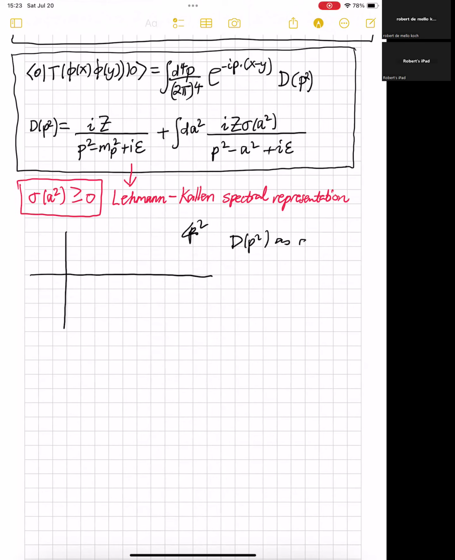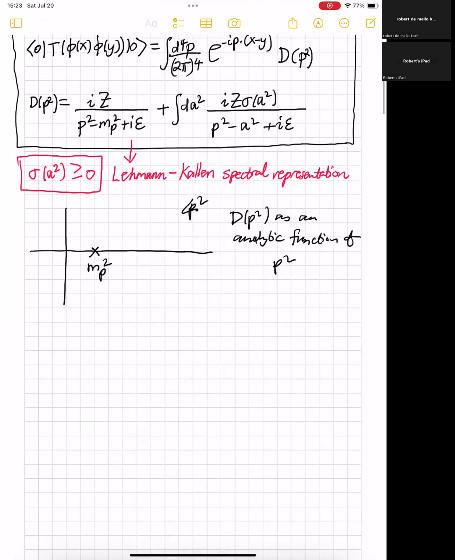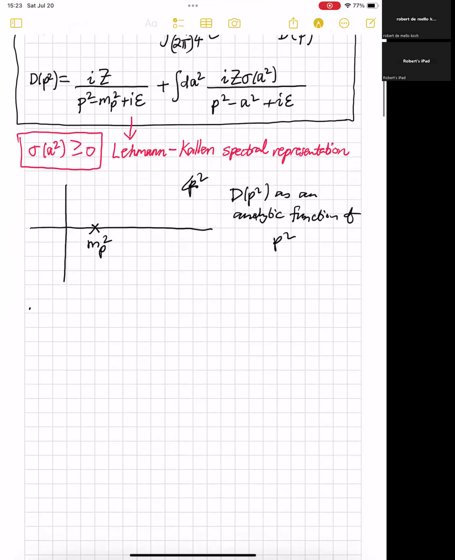as an analytic function of p squared. And you can see D of p squared has got two terms. The first term shows us that there's a pole at p squared equal to m_p squared. So what we learn is, let's list that because that's an important point.